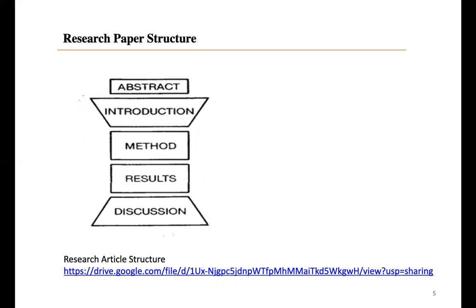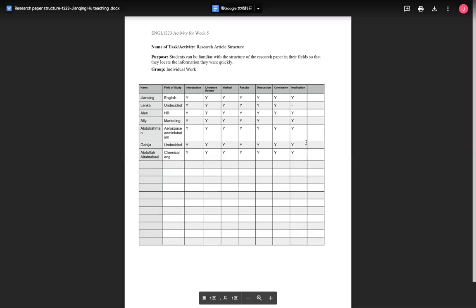So now let's have a look, if your field of study has the same paper structure as this one I just showed. Okay, now I have a Google Doc. Hopefully everybody can see this Google Doc. So I'm gonna access it. Oh, great, we can see it.